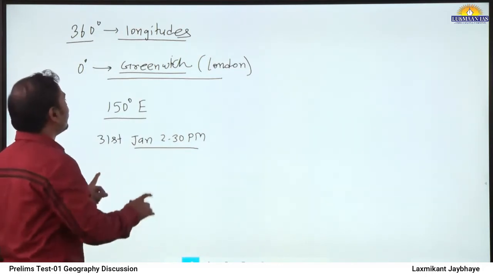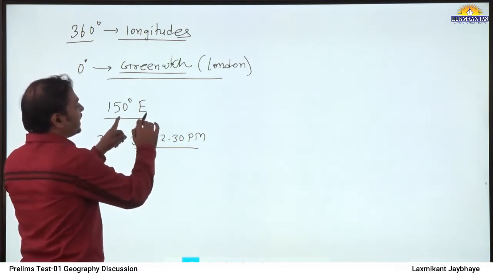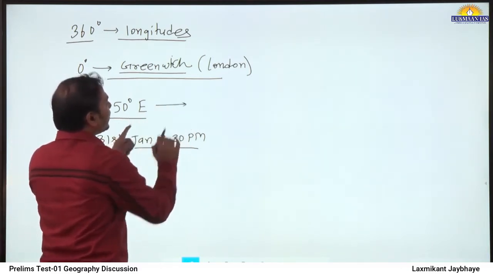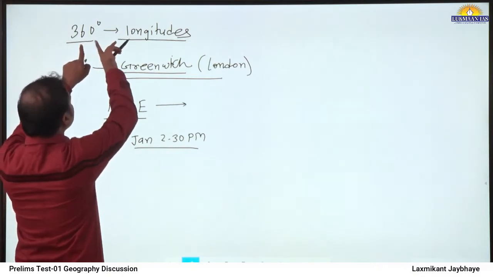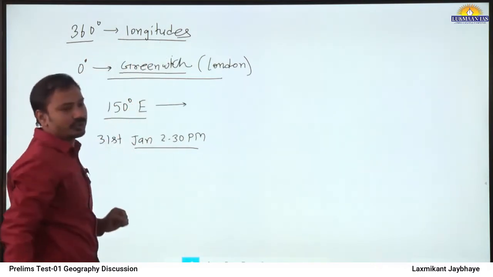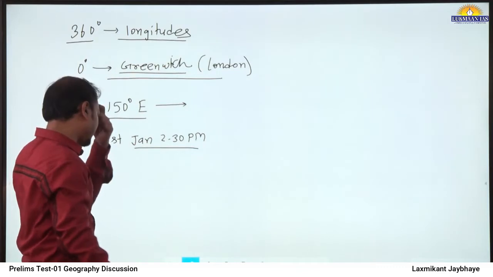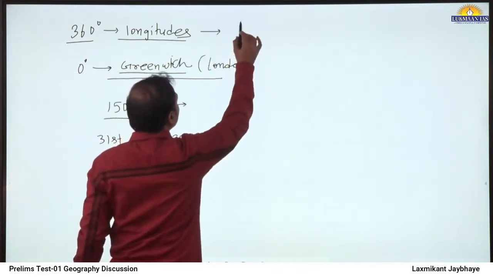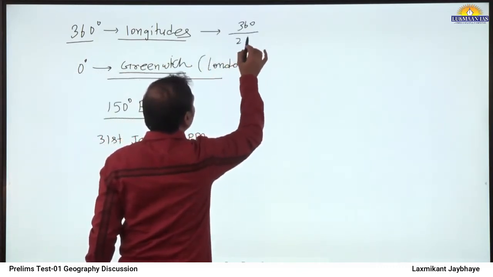So first of all, this 150 degree east. How to calculate this? We are dividing Earth into 360 degree longitudes. So what we can do? 360 degree divided by 24 hours.